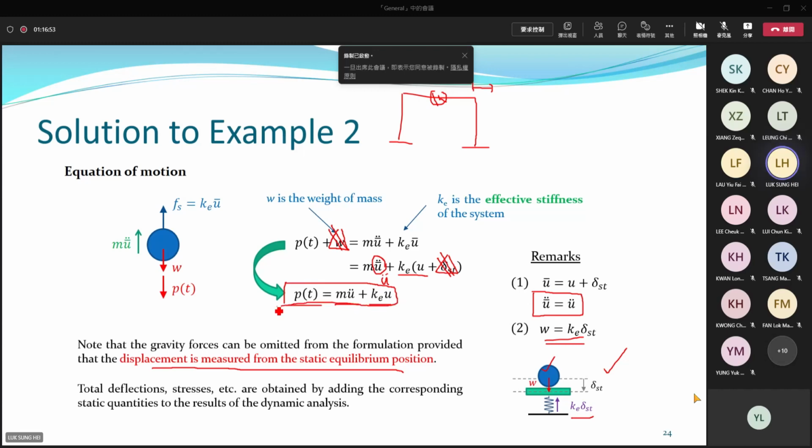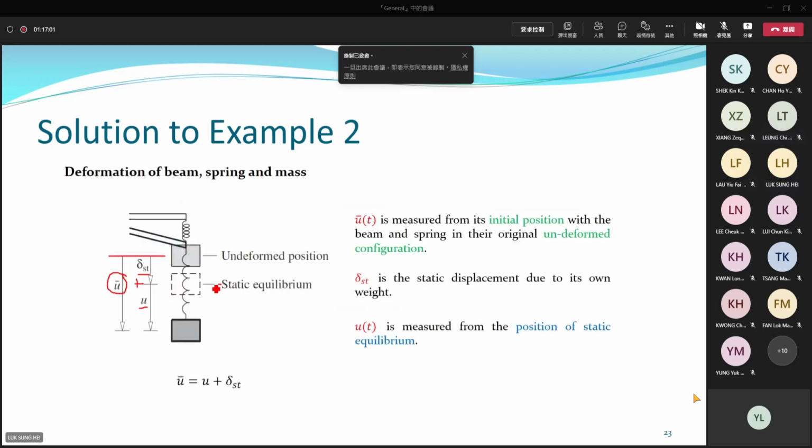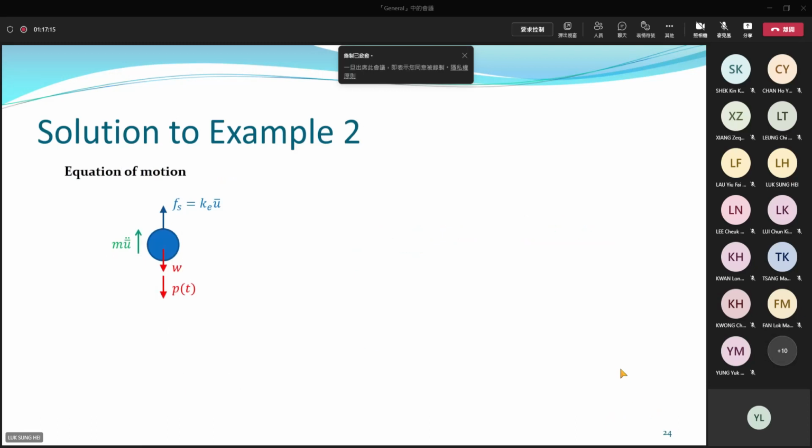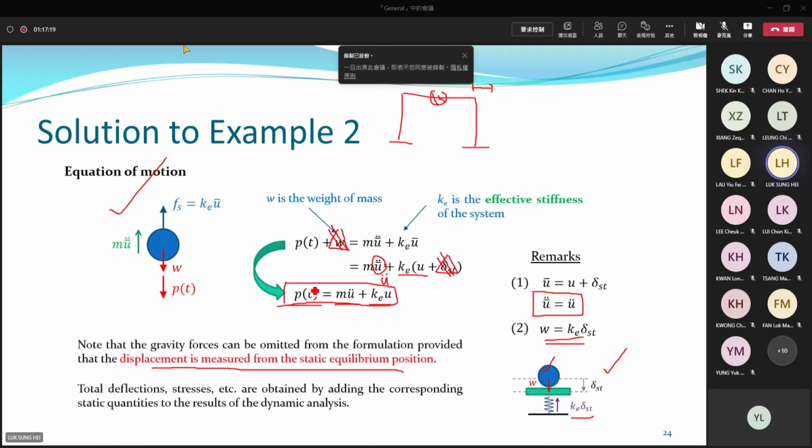In other words, for a system under vertical vibrations, if you measure displacement from the static equilibrium level here, then mathematically it is equivalent to a system under horizontal vibrations. You can use the equation of motion directly without considering the set weight. This is what we can conclude from this example 2.